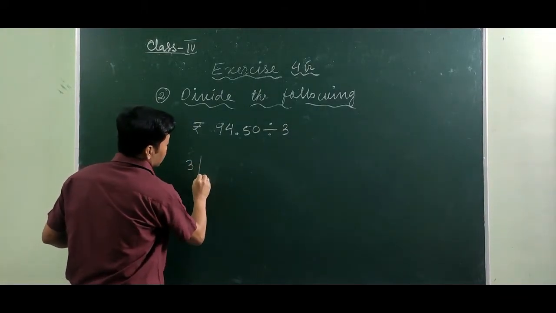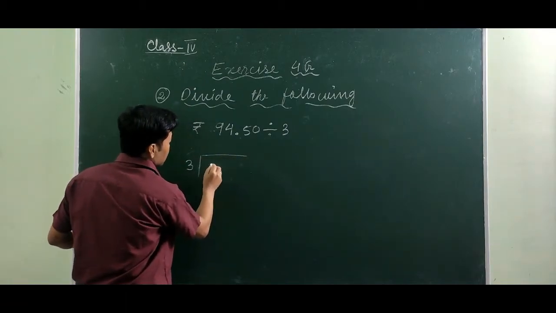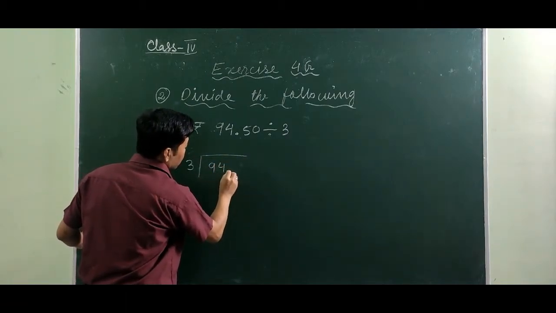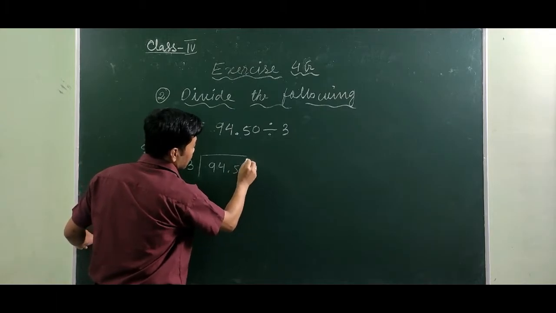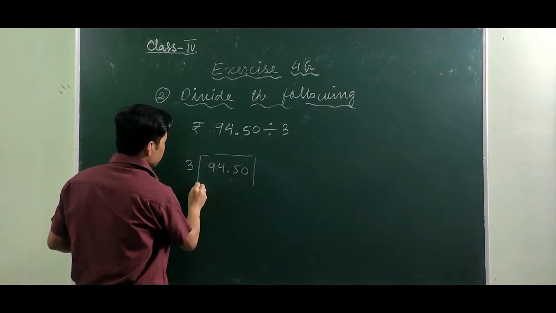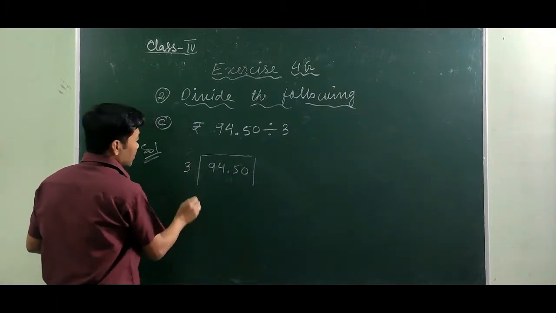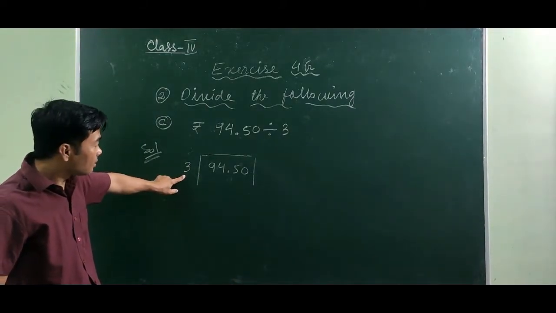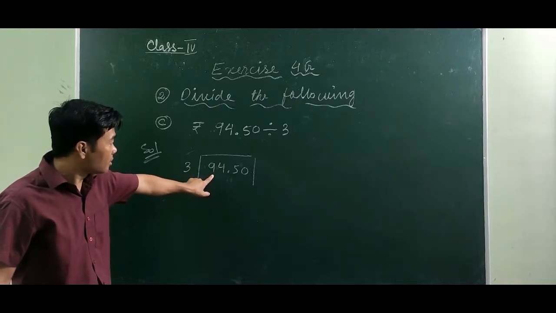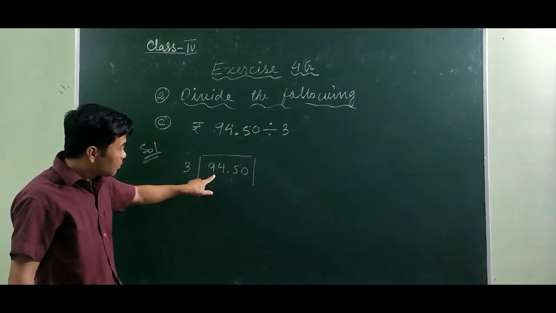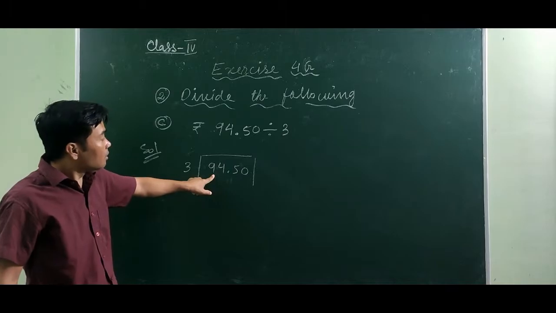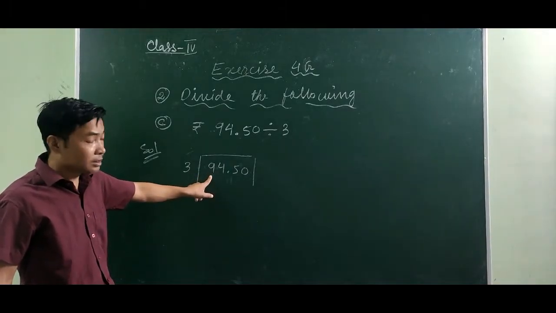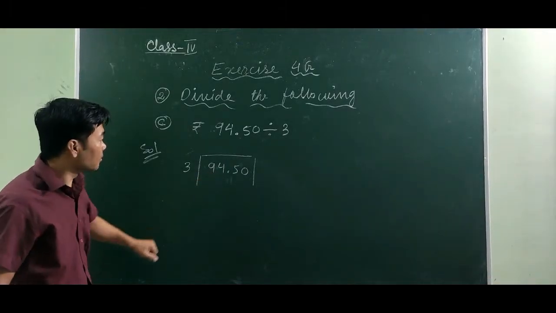3 divide 94.50. So it is very easy. First see the divisor, 1 digit or 2 digits. We have 1 digit here, we pick 1 digit. We take 2 digits only when the digit on the left hand side is less or smaller than the divisor.